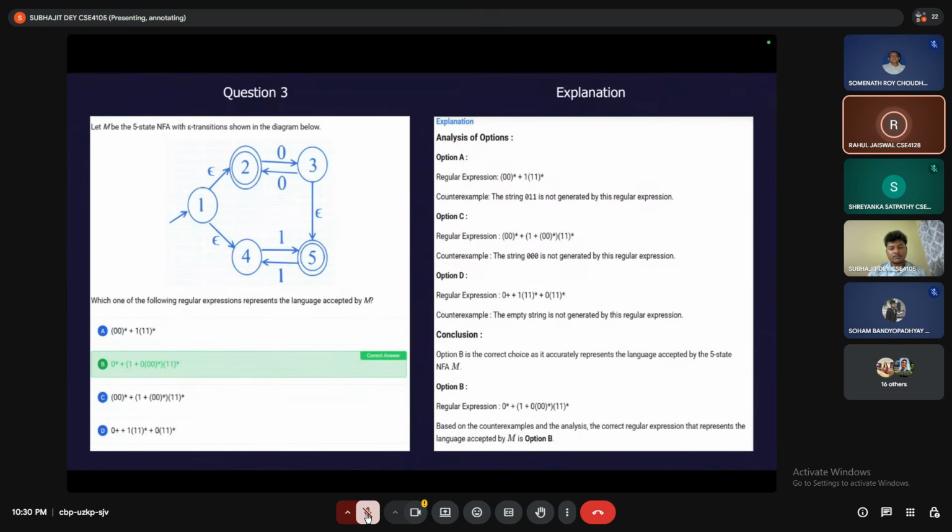Going to option C, the string 000 is not generated by the regular expression, so we eliminate this option. The last remaining option, based on the counterexamples and analysis, is 0+1(0011)*. So option B is correct in this question.